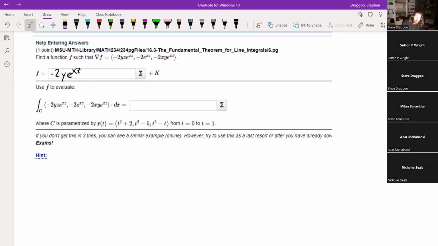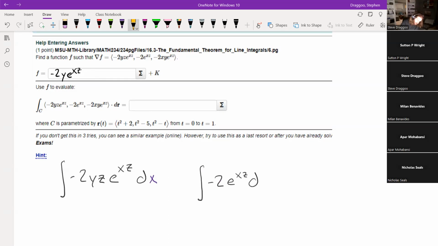So if I do that, I'll want to integrate negative 2yz e to the xz dx. I'll also want to integrate negative 2 e to the xz dy.